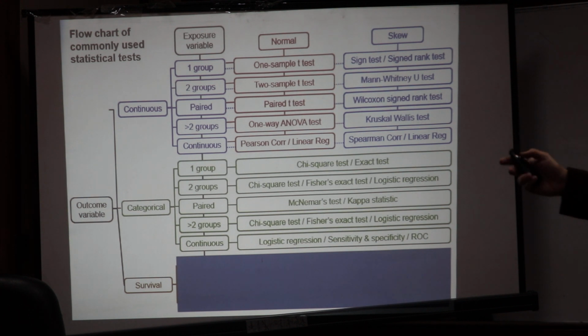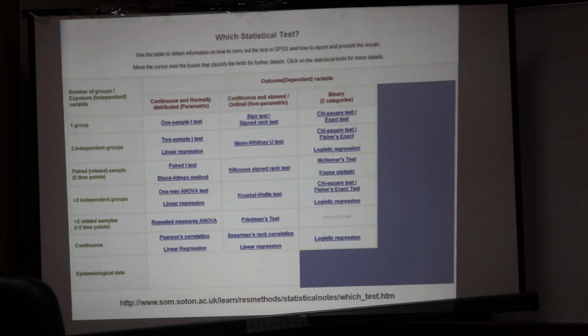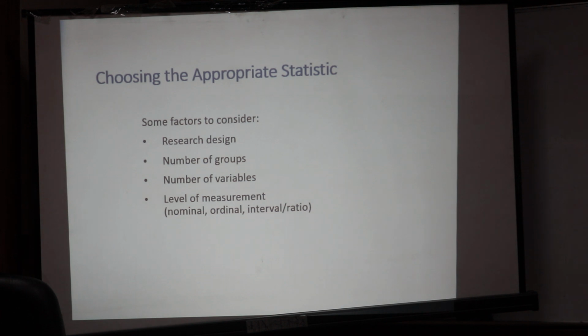Yesterday we also introduced some information about regression, and personally I like regression because I think it's the gold standard, because as mentioned yesterday, in correlation or in univariate analysis we cannot control other confounders.